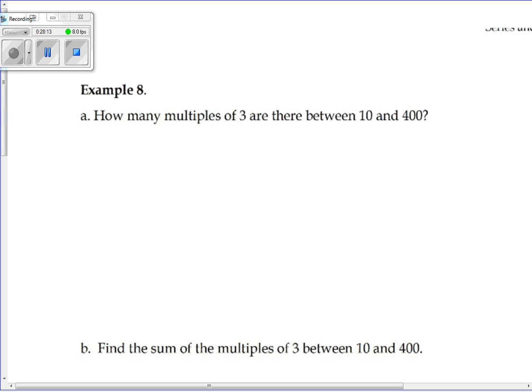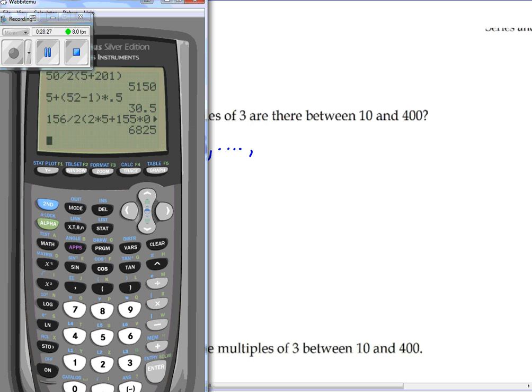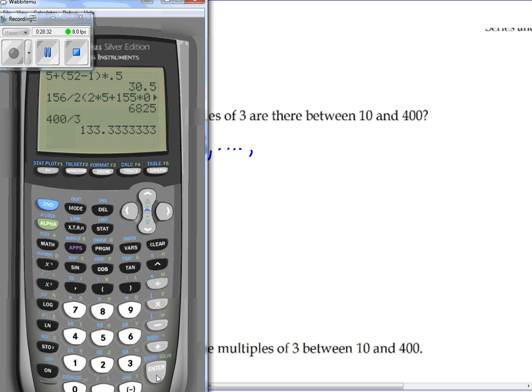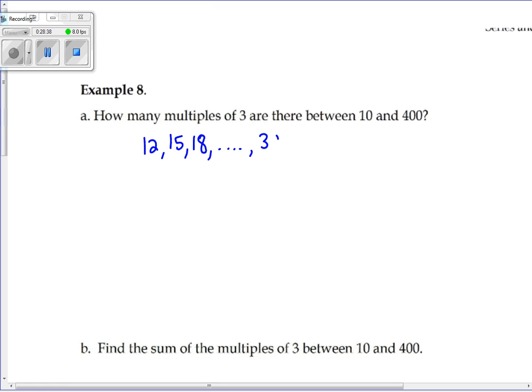What's the first multiple? 12. The next multiple would be 15, 18, all the way to, what's your last multiple? Is 400 a multiple of 3? You can check that by dividing 400 by 3. Does it go in? No, so then I'm going to go to the next one below it. Is 399 a multiple of 3? Yes, so that would be your last term.